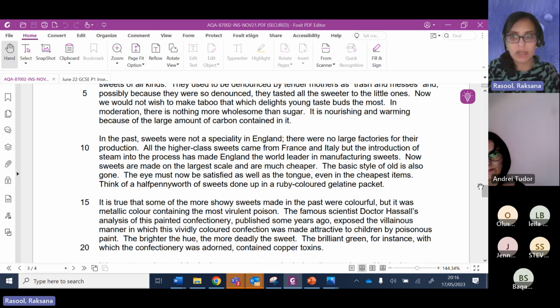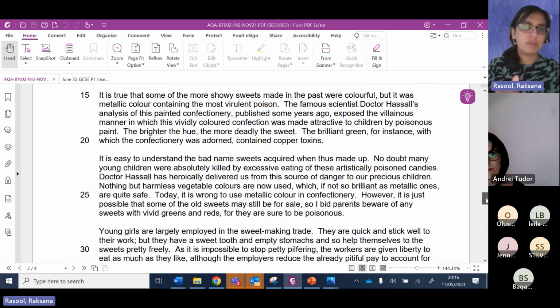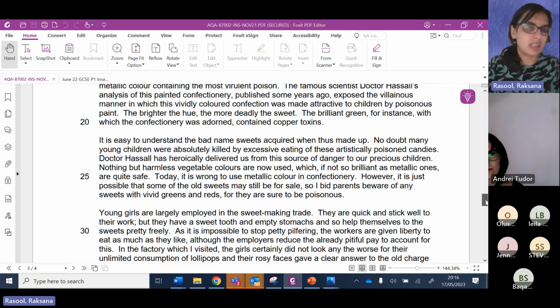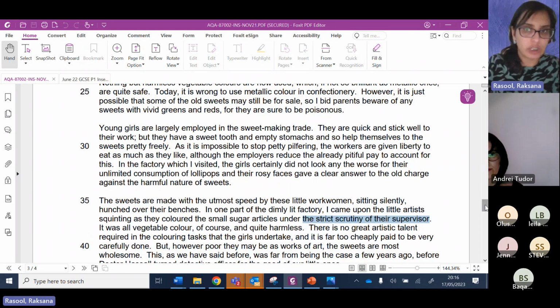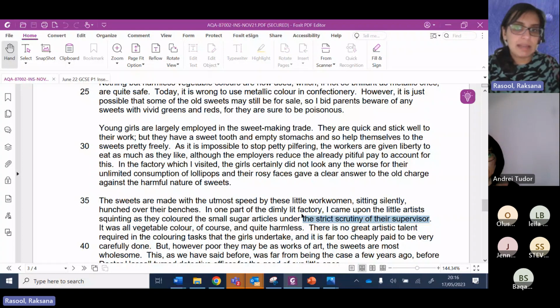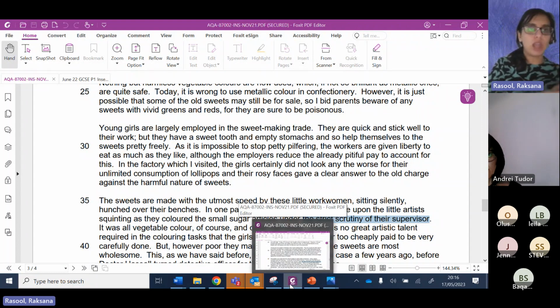Even when he's talking about the girls and how they're painting, we can read between the lines and see this is quite serious. These girls don't have much of a childhood at all. Okay, they're just quick and stick well to their work. They're sitting silently hunched over in a dimly lit factory, so the lighting isn't good either, squinting as they're continuously colouring. So source A is more light-hearted towards sweets, whereas source B is a bit more serious in tone.